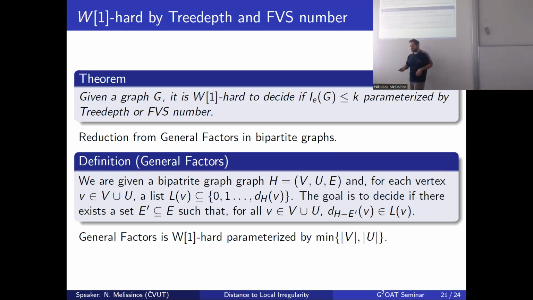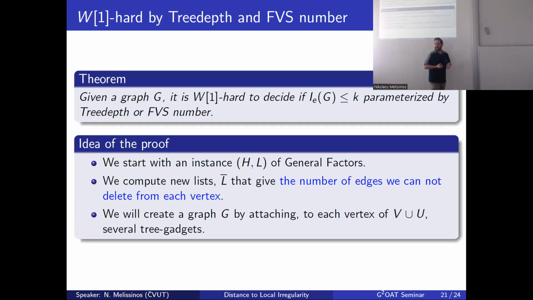So what is the idea here? We are starting from an instance of general factors, and then we're going to add some gadgets to each vertex that are related to the degrees that we are not allowed to have.